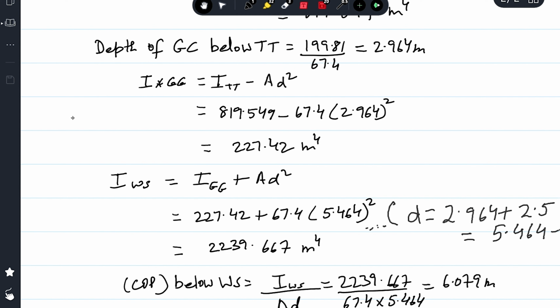We found the depth of the centroid below tank top, that's 2.964, and the water surface is another 2.5 meter above the tank top. As we saw before, the sounding is 10 meters. So this D will be 2.964 plus 2.5, 5.464. This will be the depth of the centroid below water surface. And I get the moment of inertia about the water surface, 2239.667 meters to the power 4.